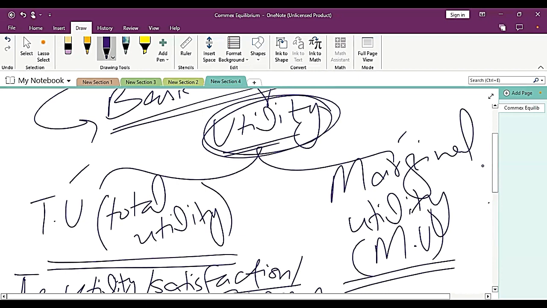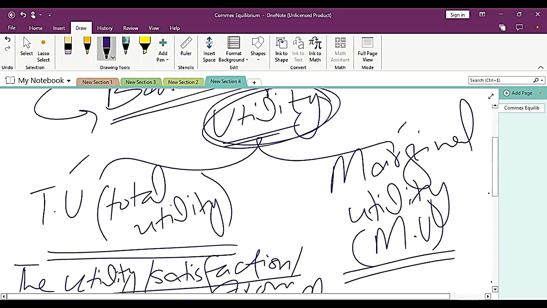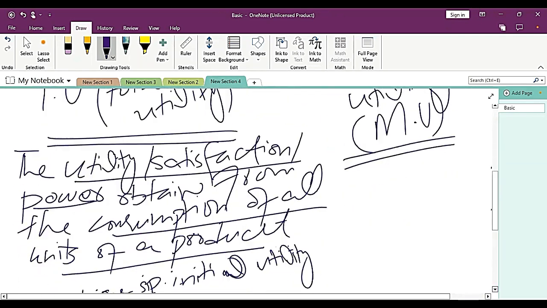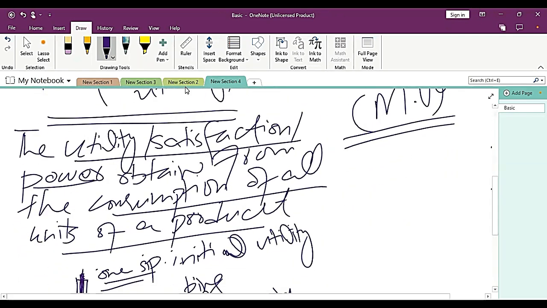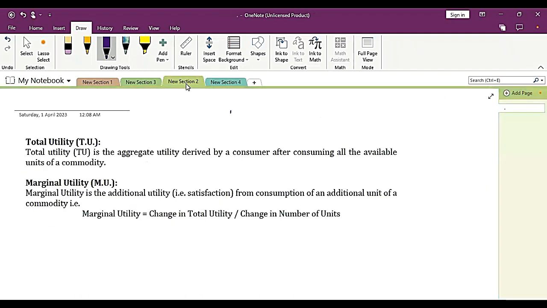If you want to study what utility is, you can click on the I button that I have placed here. This is total utility. Let's study it from the notes.